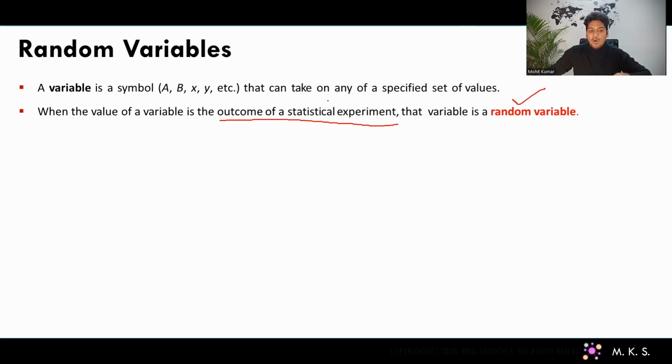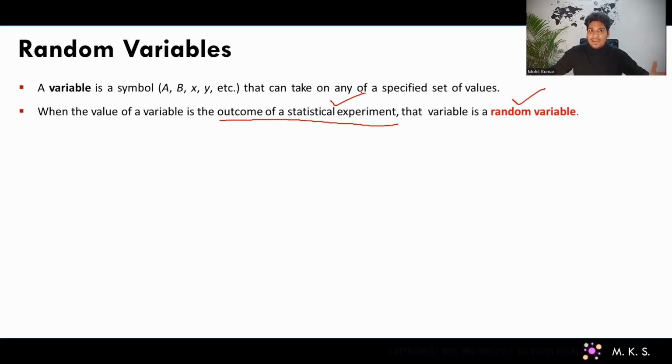Now, what is a statistical experiment, guys? A statistical experiment is any experiment whose outcome is not fixed. It can take any value. Let's say flipping a coin, coming head or tail. Output is not fixed, right? So that's a statistical experiment. Getting return out of a stock, that is also not fixed. So it can take any value.